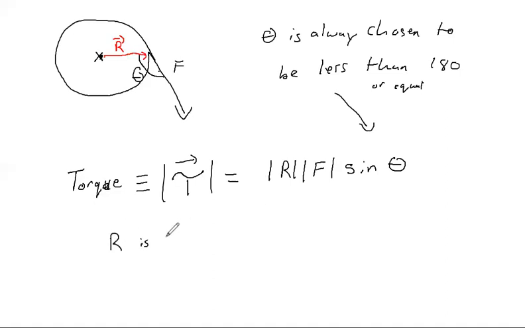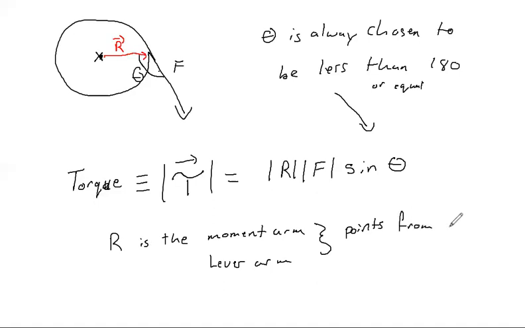R is the moment arm or lever arm, and is just words for the same thing, and it points from the rotation axis to where the force is applied.